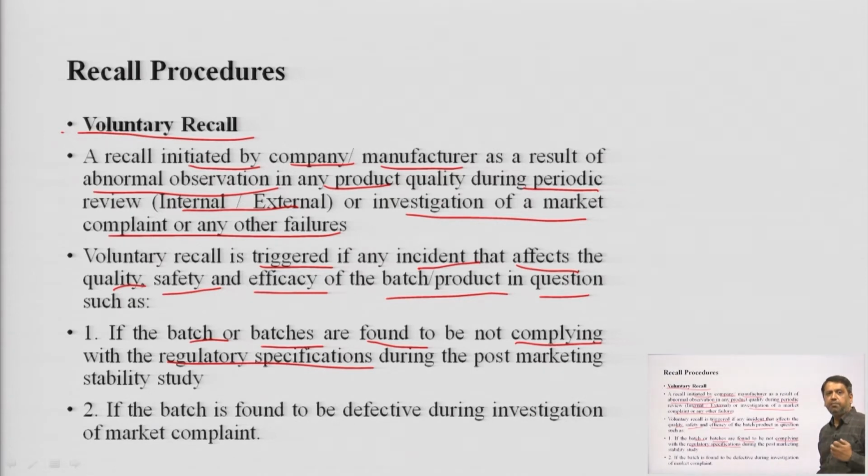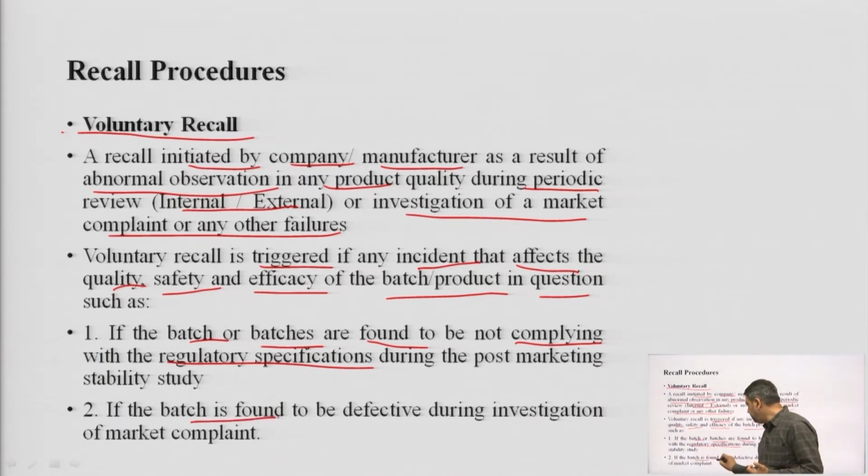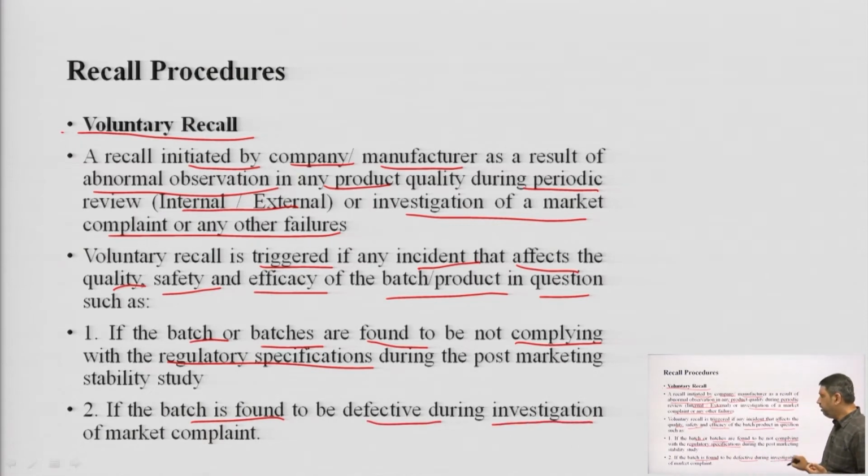So, if any product is not complying with the regulatory specifications related to stability in the market, such a product may also be voluntarily recalled by the manufacturer. If the batch is found to be defective during the investigation of a market complaint, this is another reason.